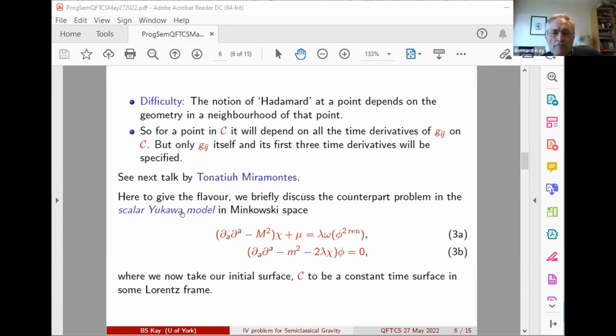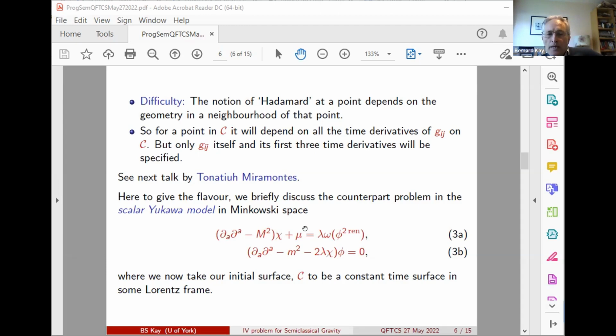Okay, but here, very briefly, to give you the flavor of the solution, let me discuss a simpler problem, namely the scalar Yukawa model in Minkowski space. So here we have a quantum field phi interacting with a classical background field chi in Minkowski space, and chi is coupled back to phi through the expectation value of phi squared, which is analogous to the stress energy tensor.